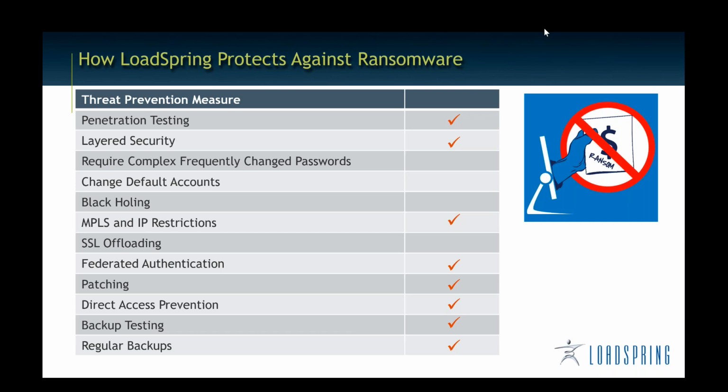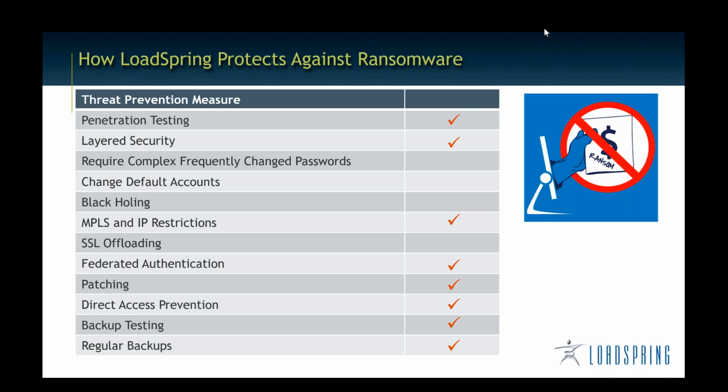One of the other challenges that we see with this is also that sometimes the payloads can infiltrate your system and remain dormant for up to a year before they get activated. So one of the ways that we prevent against that is by disallowing the outbound access from any of our servers.